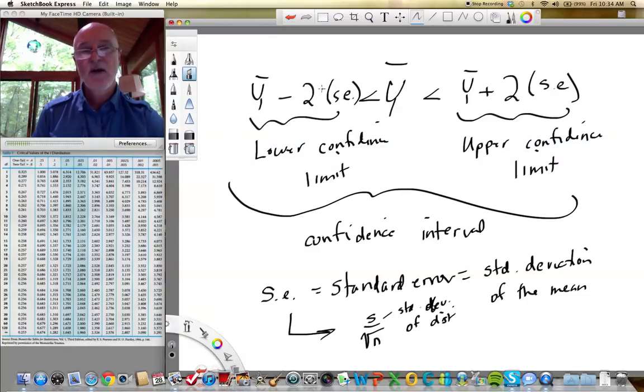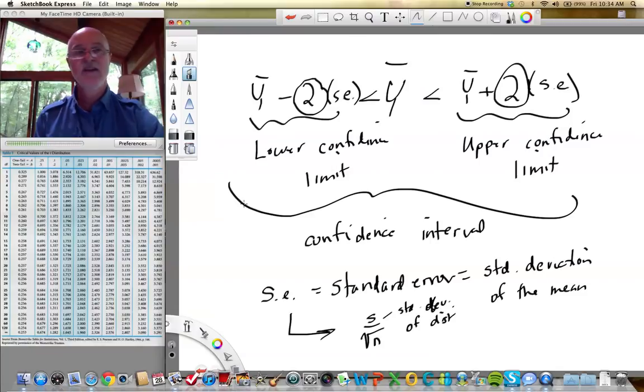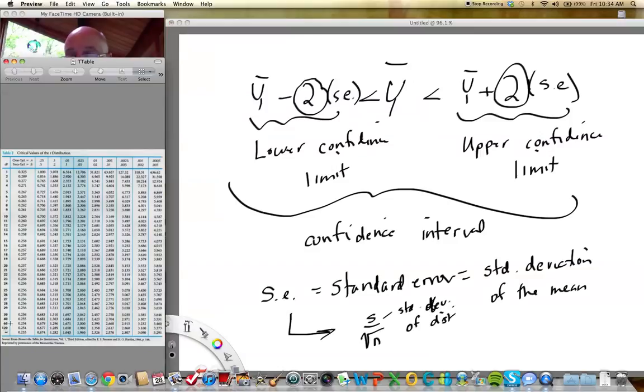And notice I've prefaced the standard error by a value of 2, okay? I'm going to tell you now that the way you learned it is approximately correct. In fact, it's exactly correct for about an n of 60. So look over in the lower left here. I'm pointing out that we have degrees of freedom of 60, which would be an n of 61, of course.